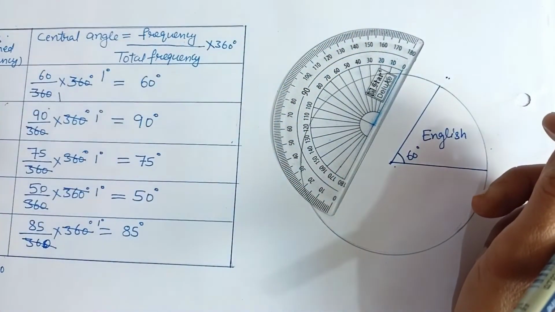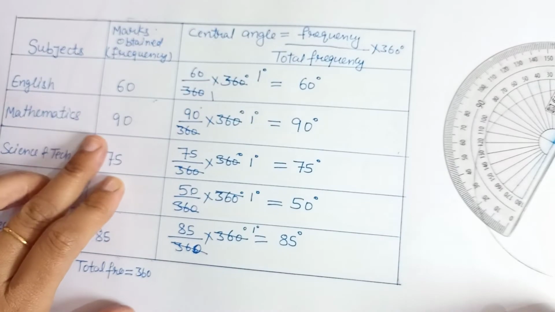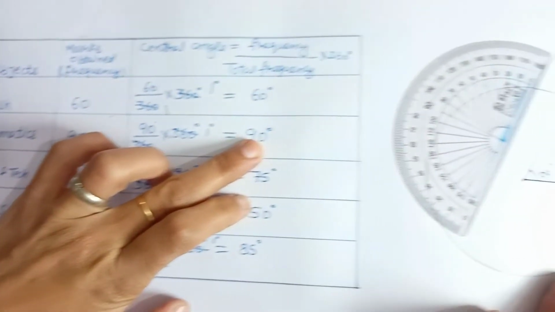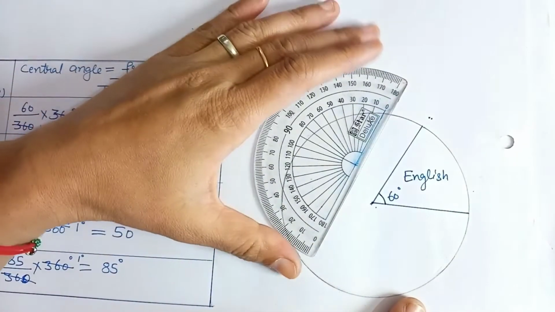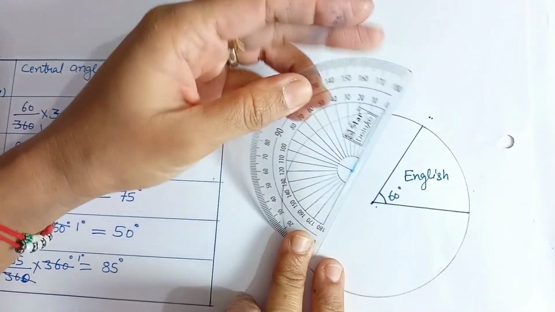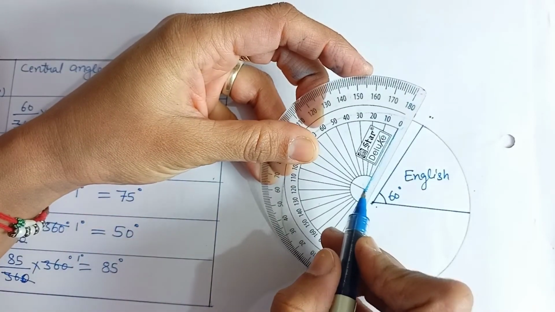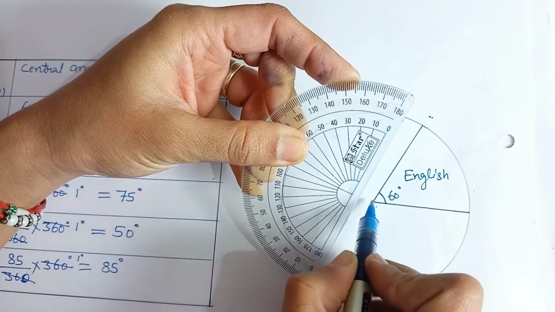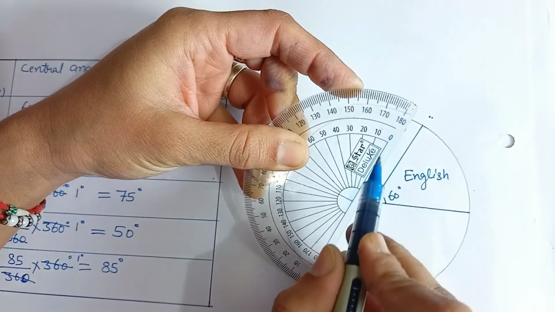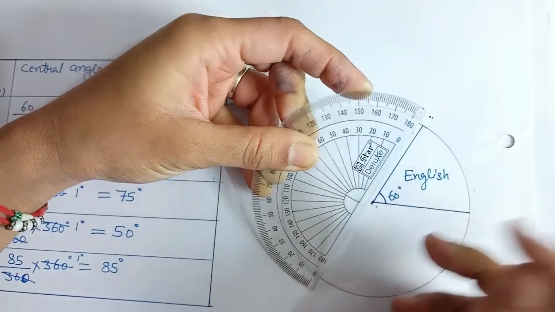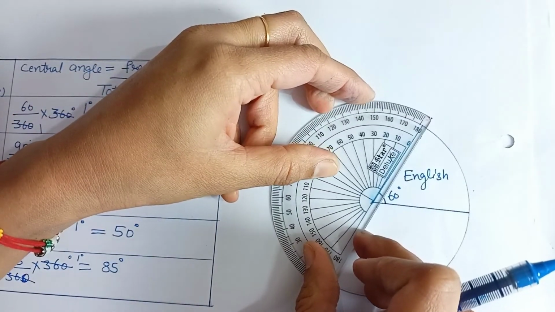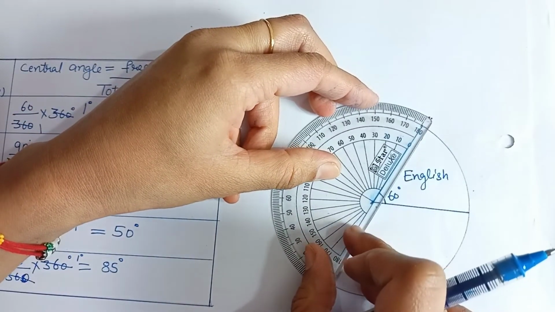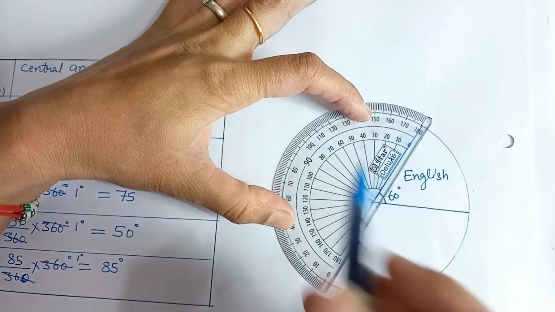After English, for mathematics the angle is 90 degree. So now we will shift our compass like this. We will follow the same rule. This point must coincide with the center of the circle and this 0 degree line over this line. And calculate 90.